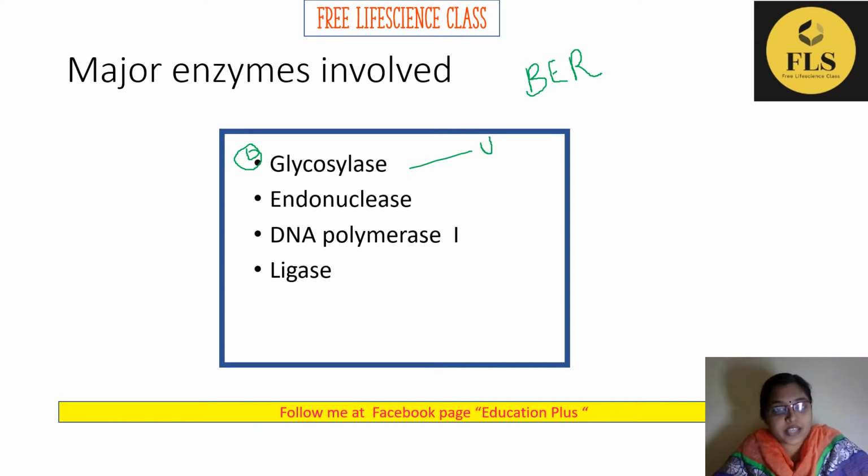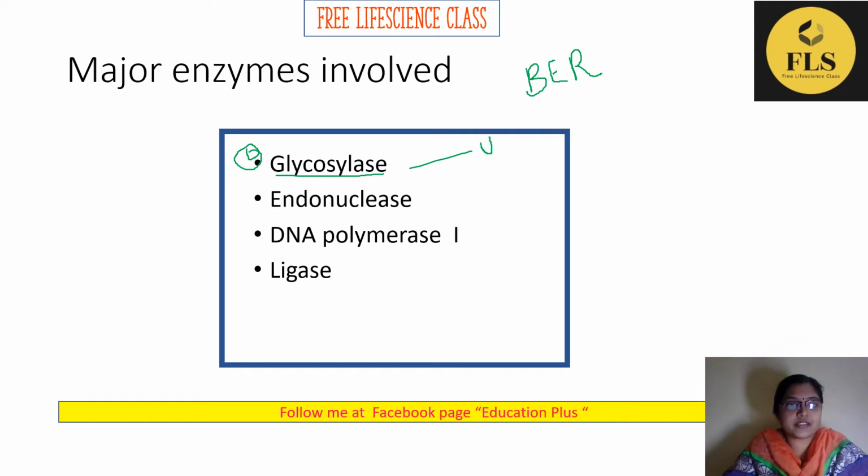If it is hypoxanthine, we call it hypoxanthine glycosylase. In the case of 5-methyl adenosine, we call it 5-methyl adenosine glycosylase. Likewise it is so named. So glycosylase is the first enzyme that has a role in removing the unusual base.